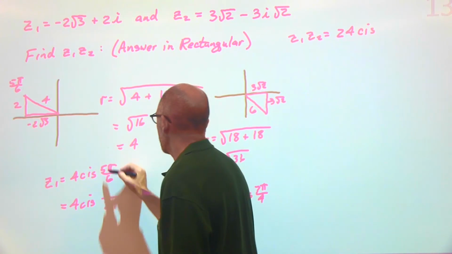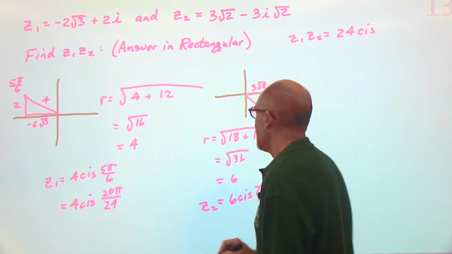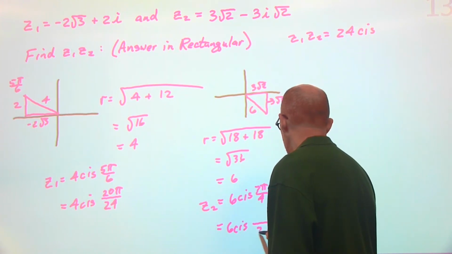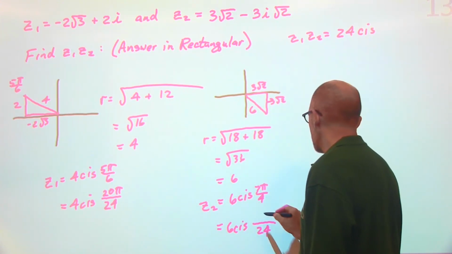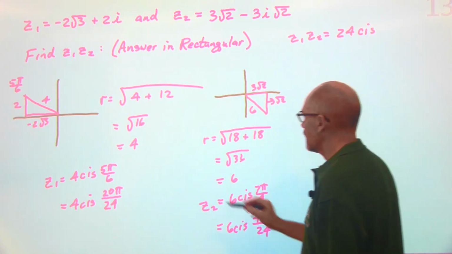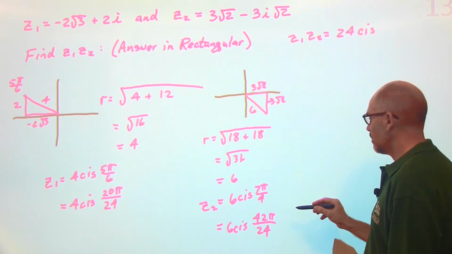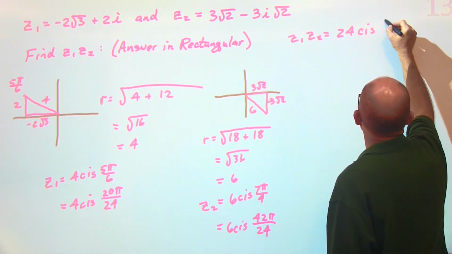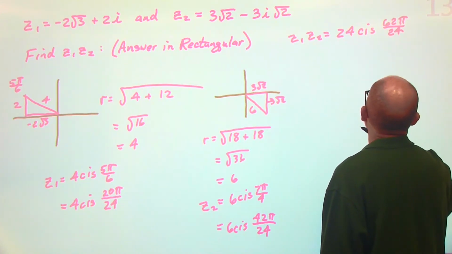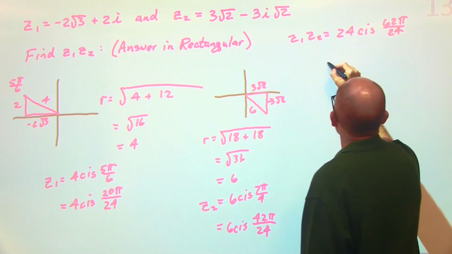So I multiply the bottom by 4, better multiply top by 4, 20 pi. And this becomes 6 cis, put 24 here, multiply the bottom by 6, better multiply the top by 6, so 42 pi. So I've got 20 pi plus 42 pi is 62 pi over 24. And that reduces to 31 pi over 12.